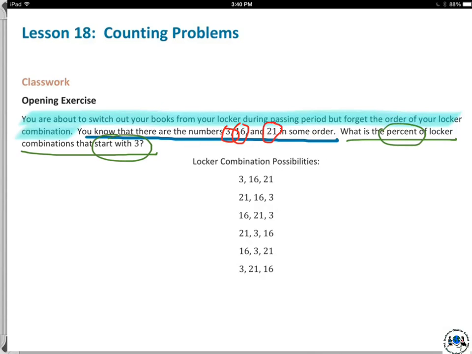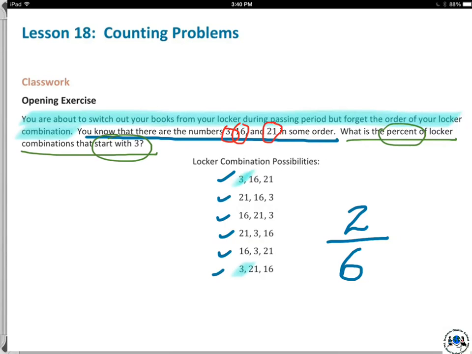Okay, so here we go. What percent of the locker combinations start with 3? That's our focus. We have 2 possible locker combinations that start with 3, and that would serve as our numerator, the number of possibilities. We have 6 different possibilities, and that serves as our whole.